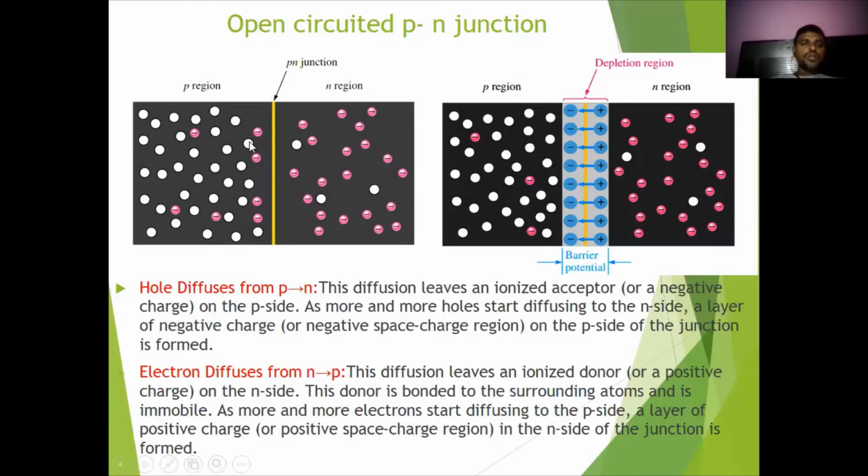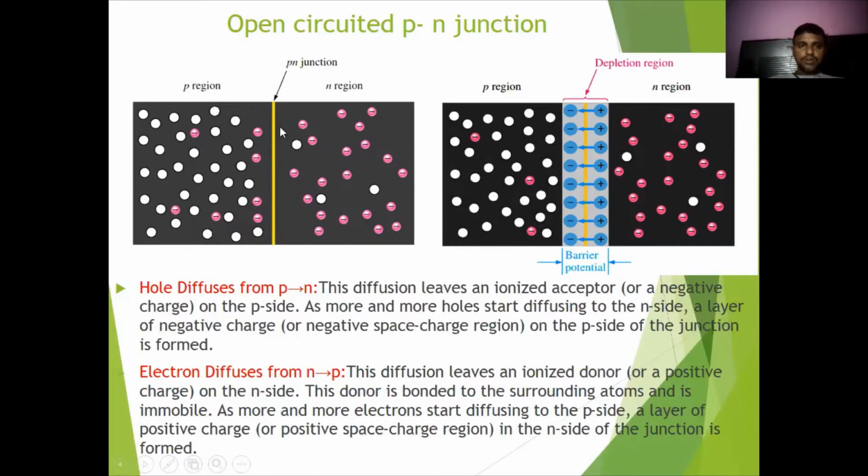Here we have two processes taking place: hole diffusion from P to N and electron diffusion from N to P. Then what happens as the diffusion takes place? The holes move from higher concentration to lower concentration, from this point to this point, and the electrons move from this point to this point.